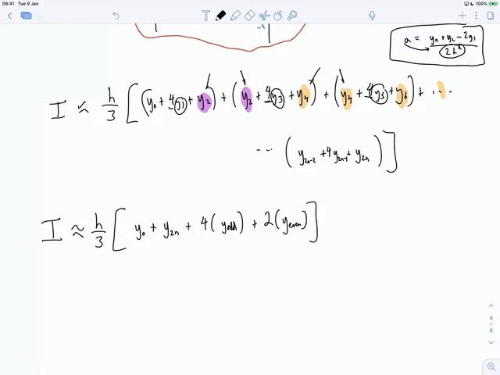Okay, and if you wanted to, I'm going to put a little sum like that. So it's the sum of the odd and the sum of the even. If you want to be more formal about it, we'll do it another time.